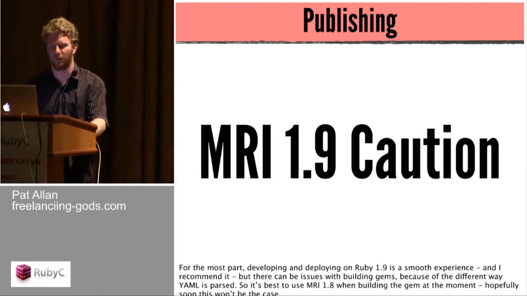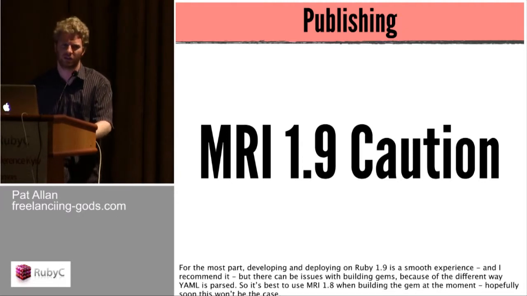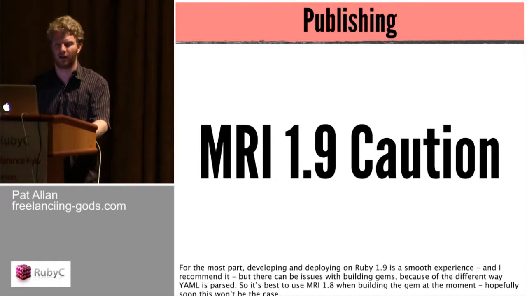So sometimes if you publish a gem using 1.9, people installing it on 1.8 won't be able to use it. And you'll just have to publish another version again that fixes this problem. This happened to me a couple of weeks ago. I've seen it happen to plenty of others as well. So you can develop on 1.9, that's fine, but when it comes time to run gem build and gem push, I recommend you use Ruby 1.8.